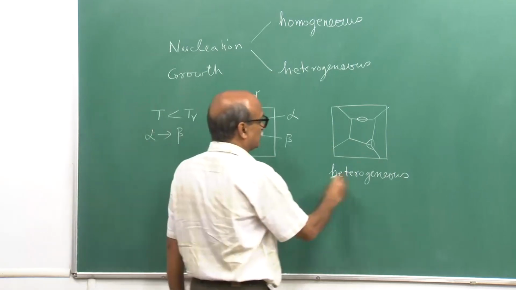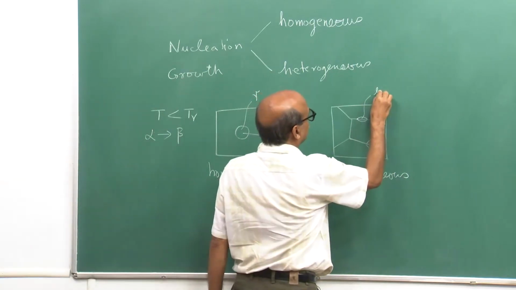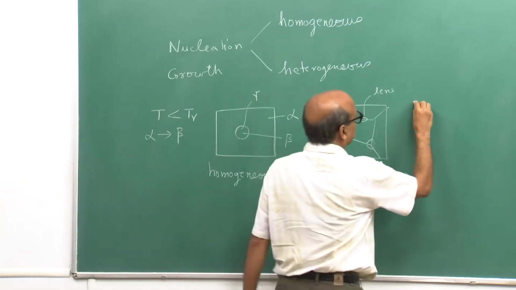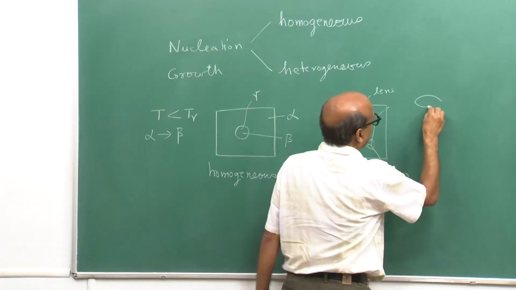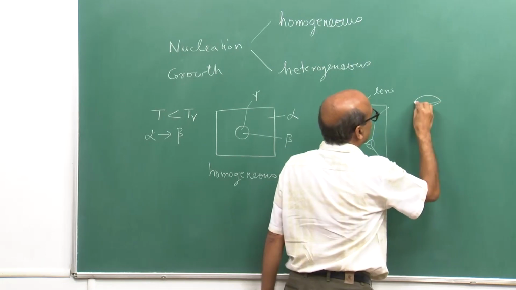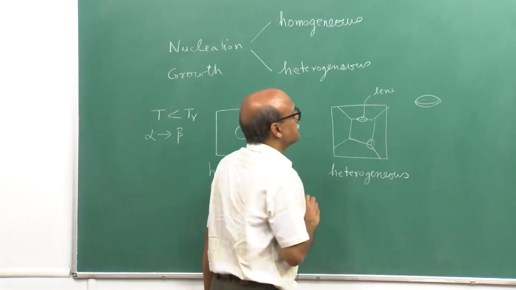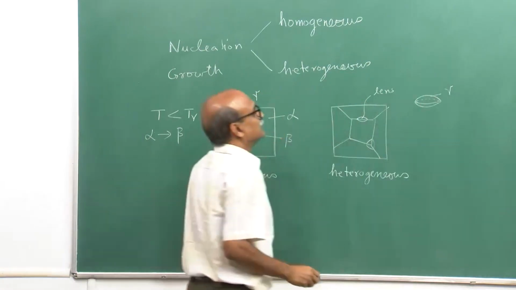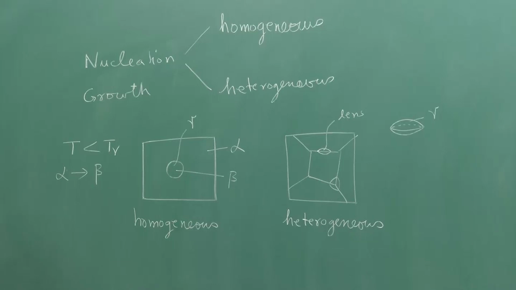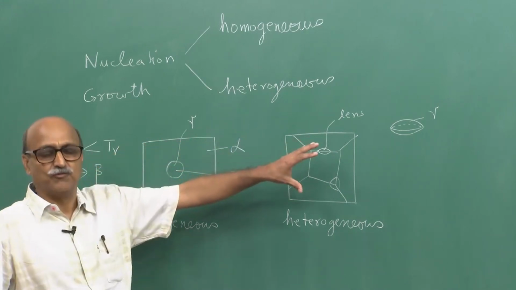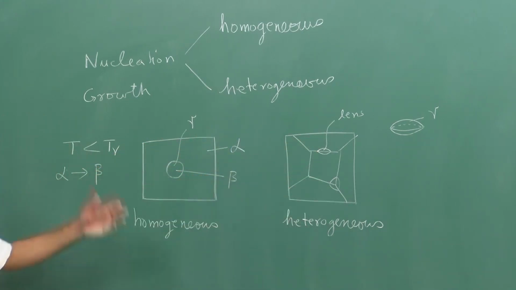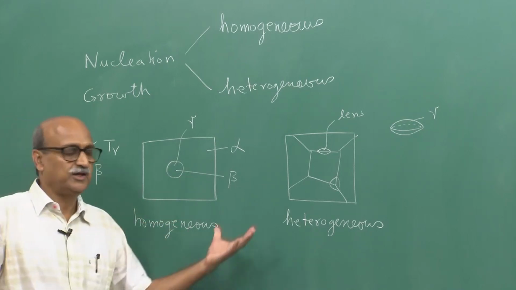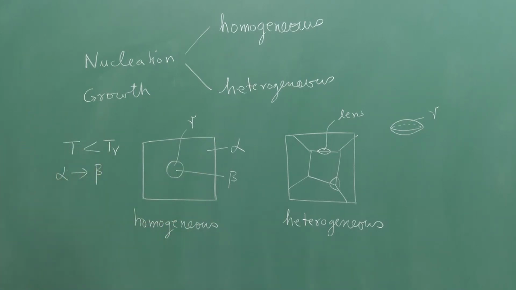In the case of heterogeneous nucleation, there is a lens shaped nucleus, which is actually nothing but 2 spherical caps that may form, and the radius of the spherical caps is r. And let us now understand what is the change in free energy that is involved when a beta precipitate forms either homogeneously or heterogeneously.